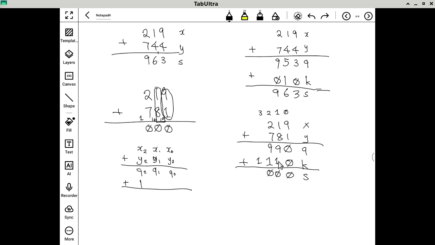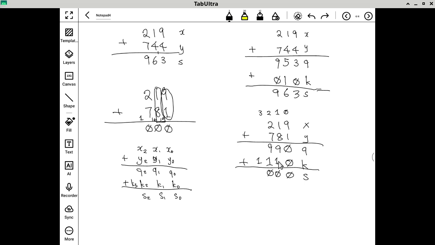And then we have k2, and we also have k3 here, k1, and then k0, s2, s1, s0. In other words, all I have done here is to say, let's not work with actual digits. Let's just work with the name of the placeholder of a digit and try to figure out the relationship between the digits.